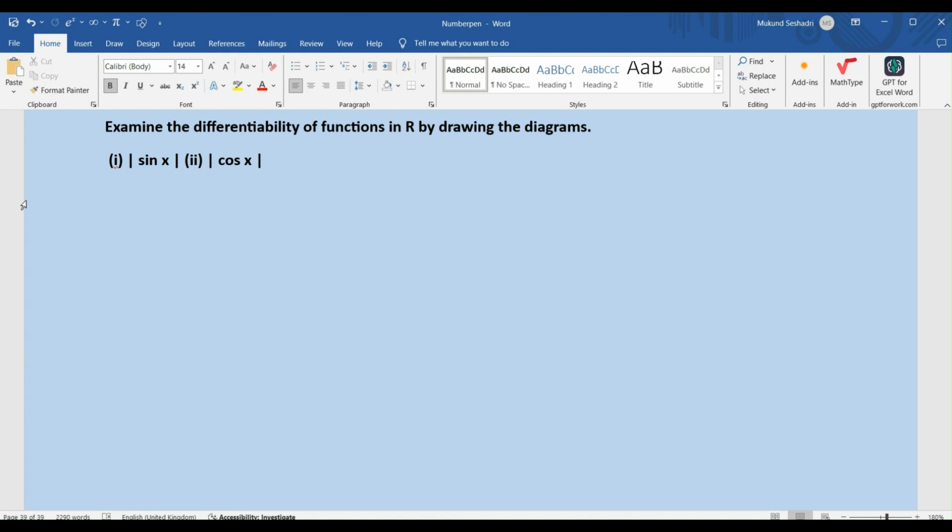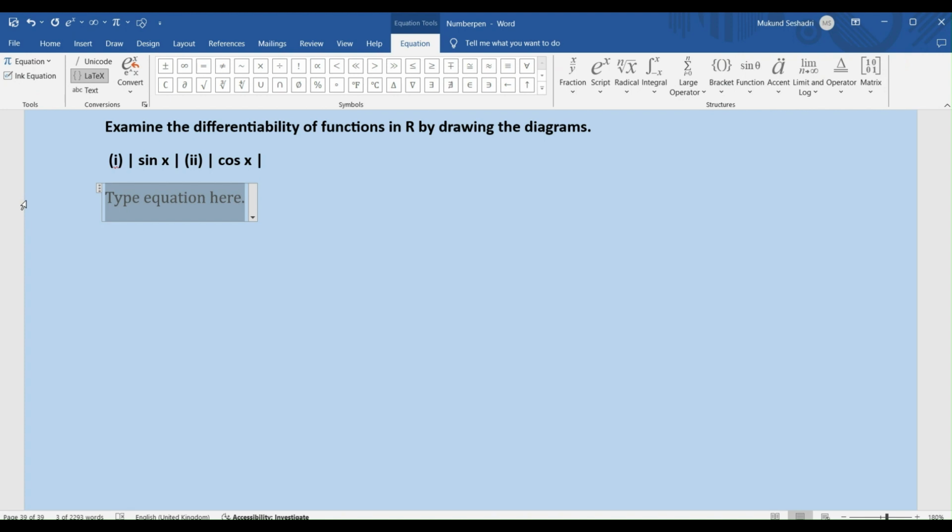We know the definition of a mod function, and we have the mod of sin x here. Please remember that whenever you have a mod function, the mod function will always be positive, right? So a mod of x is always positive, and therefore a mod of sin x is also positive. So I can write the function in a very similar way to how I rewrite a mod x, and we're going to do the same thing for mod of sin x.